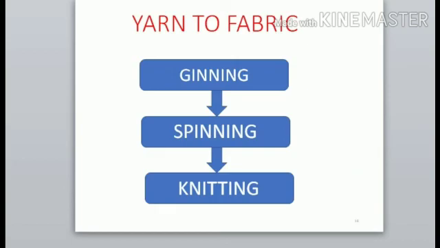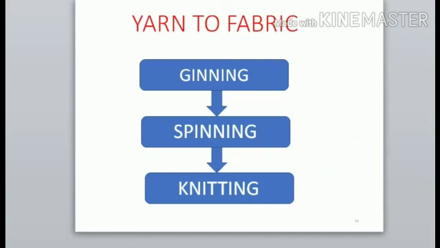Actually, yarn undergoes a long process before getting converted into fabric, which consists of 3 steps: ginning, spinning, and knitting. We will discuss these processes in detail in our next video.